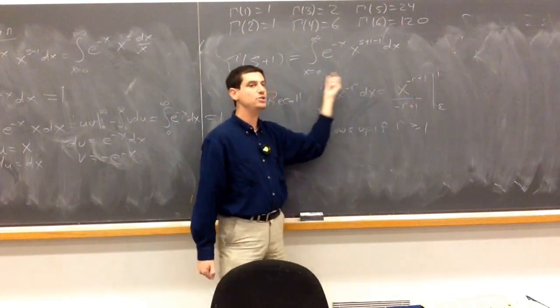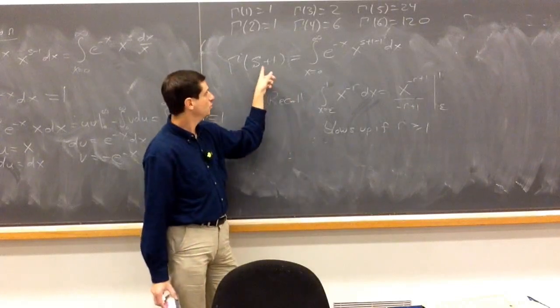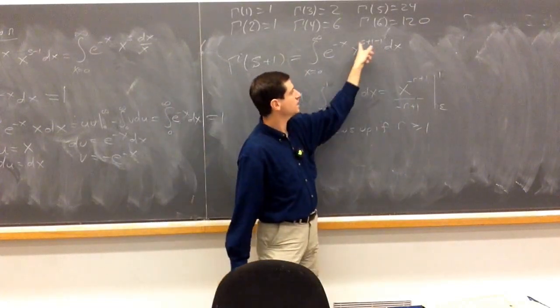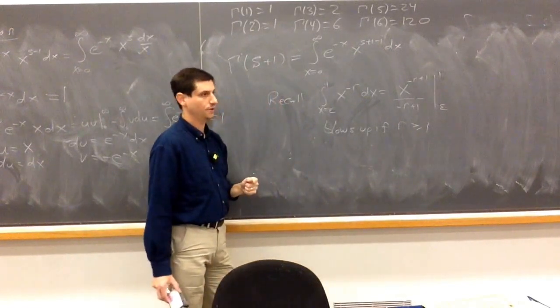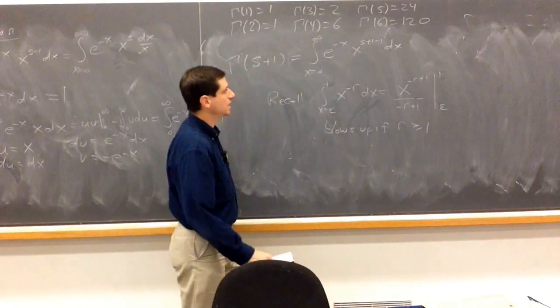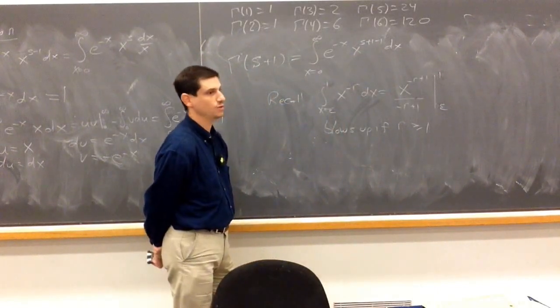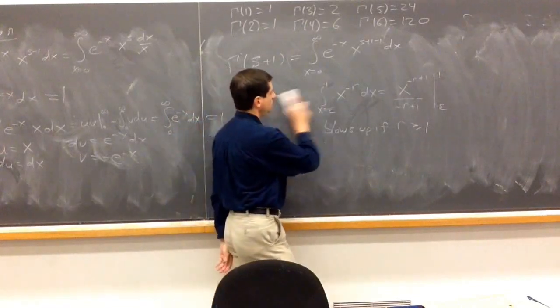So again, whenever you look at something like this, you always want to ask, when does this make sense? We just need this exponent here to be greater than negative 1. Well, we've got an s plus 1 minus 1, so as long as s is positive, we're fine. s could even be a little bit negative, and we would be fine.